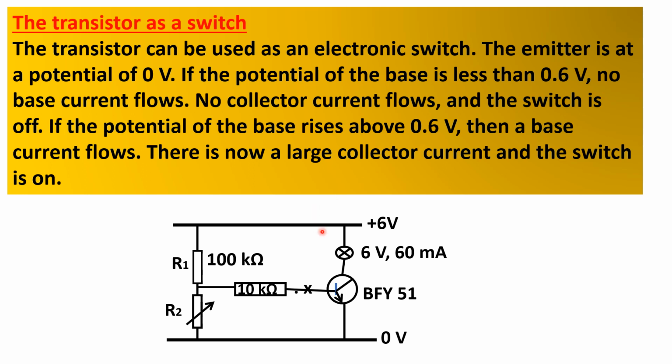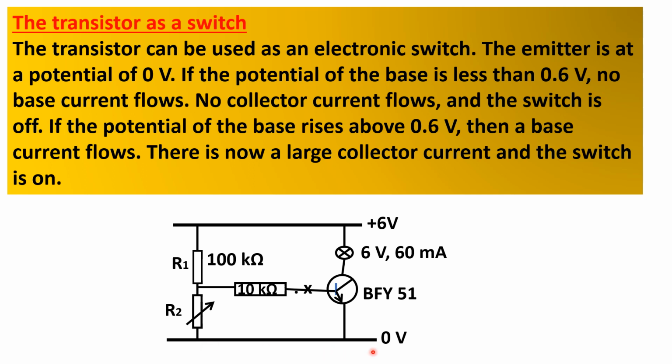And that amount of current flowing into the base can be controlled by this variable resistor. If variable resistor R2 is 0, then obviously the current that goes from the positive terminal of the battery will just go straight to the negative terminal.